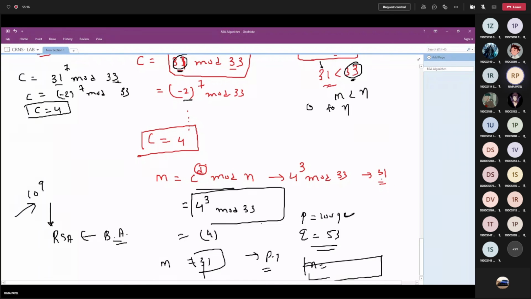Find the value of n, assume m, assume e, and calculate the value of d, and then try that if the values of p and q are these, what will happen or how the attacker is going to decrypt the message. This is your next example.